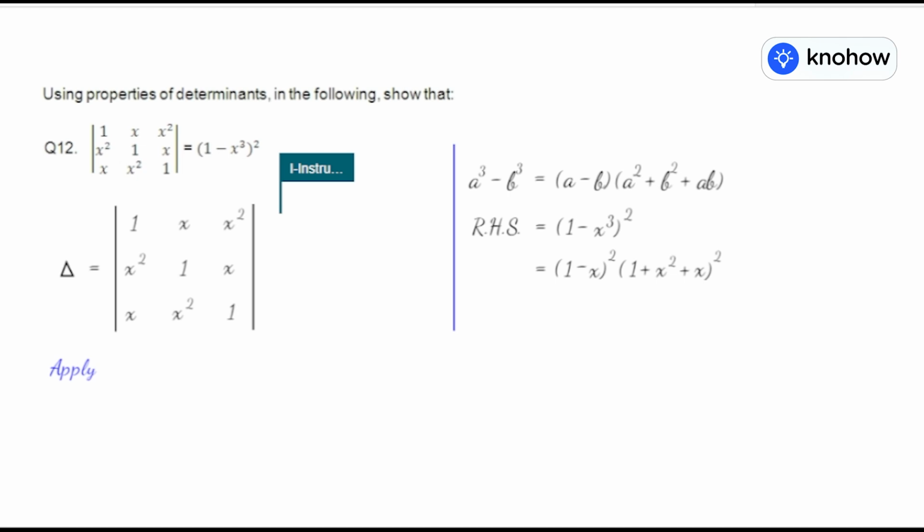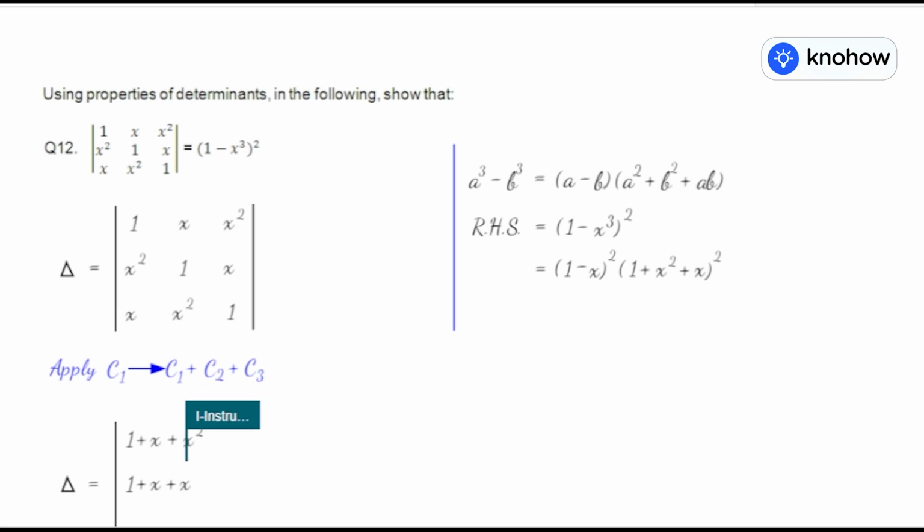So now applying C1 to C1 plus C2 plus C3, we get the determinant equal to, in column 1, 1 plus x plus x squared, 1 plus x plus x squared, 1 plus x plus x squared, keeping the other two columns the same.